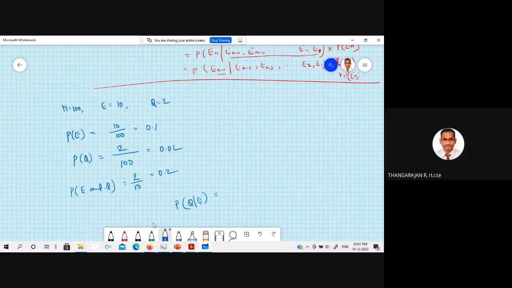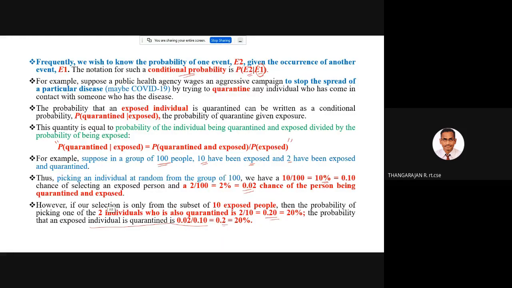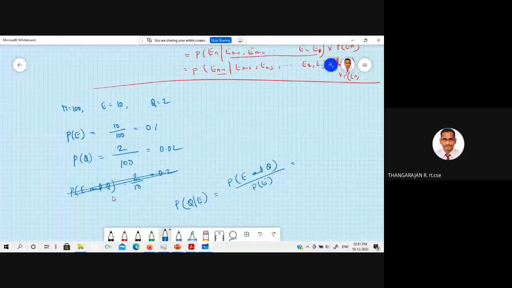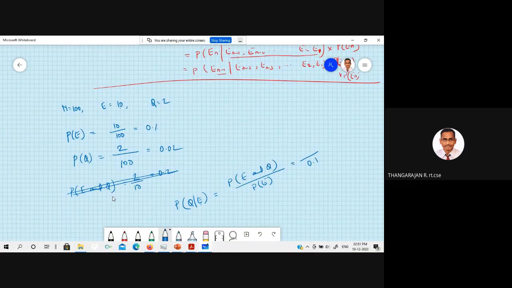That is equal to our formula: the probability of E and Q divided by the probability of E. The probability of E is known here, 0.1.